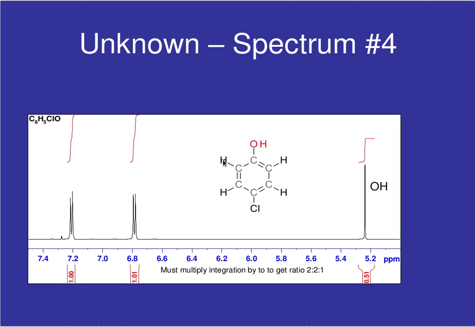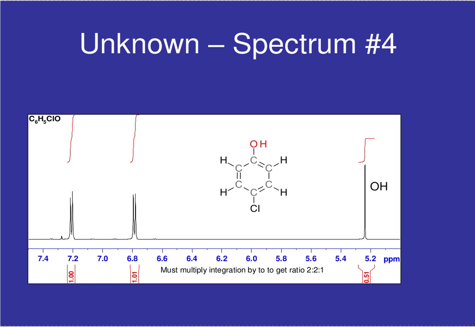And this proton has 1 neighbor, so it's a doublet, and this proton also has 1 neighbor, so it is also a doublet. So what we see then, and just as once you've drawn that, the only remaining atoms left in the molecular formula are a Cl, an O, and an H, and the only way to connect those into a molecule is to have a Cl group and an OH group.